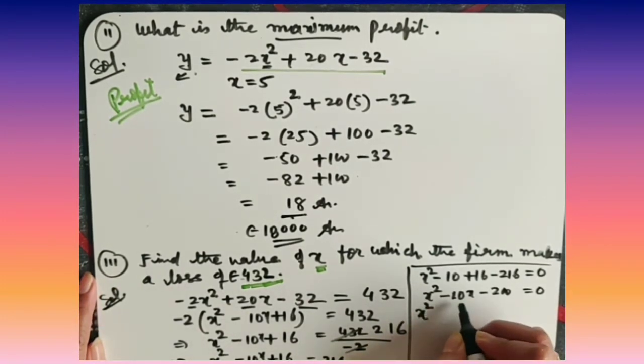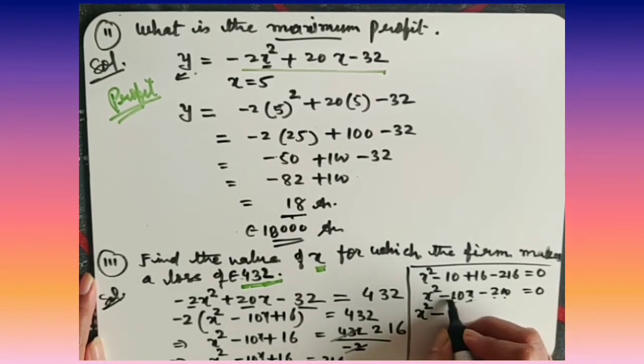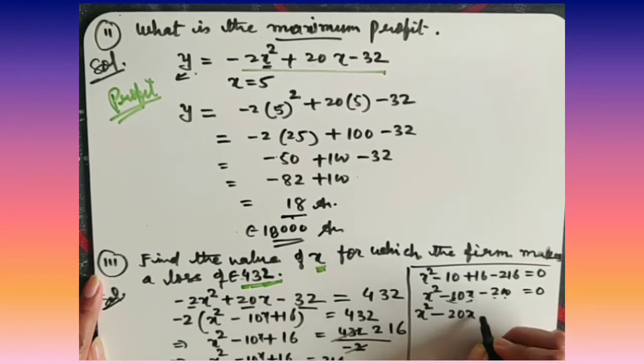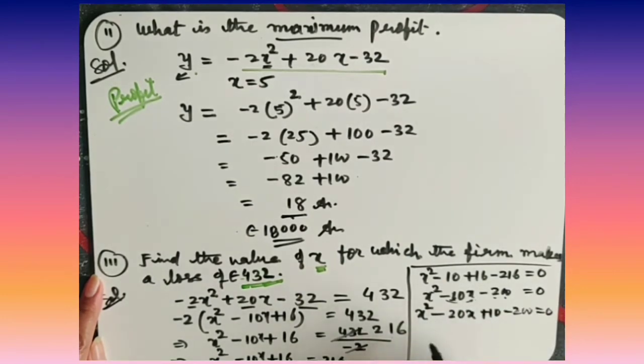So for x squared minus 10x, we break the middle term between two values whose product is minus 200. Check the video on how to factorize, then you will understand.